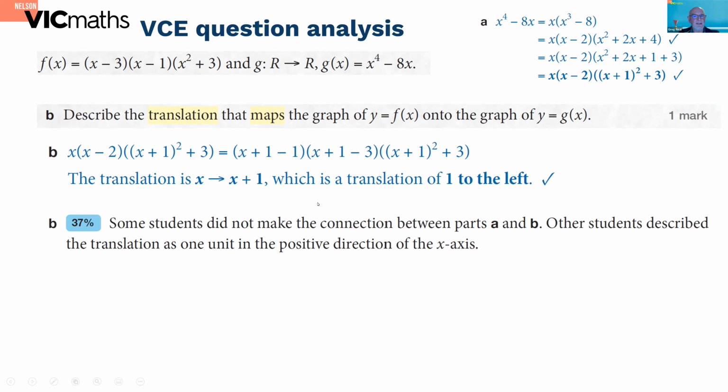It's going to move it in the negative x direction. Another thing they could have done is say that x changed to x prime plus 1, which means that x prime would be equal to x take 1. And that would also show them which way the translation would have worked. But CAS is a pretty easy way to do it. Even so, only like 37% got that right.